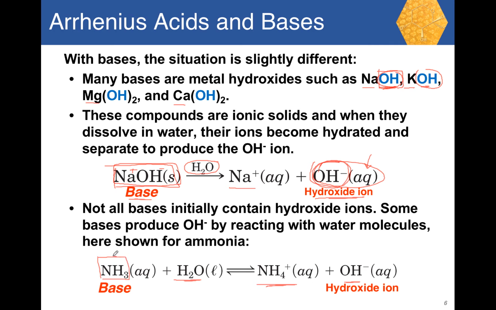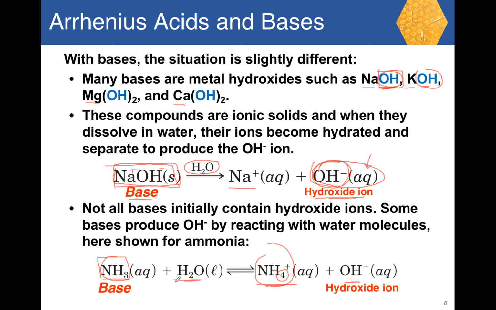This NH3 is now converted to NH4. Notice 4. So it has acquired one H. Remember, by definition, if it has NH3 and more H's over here, it is a different molecule.